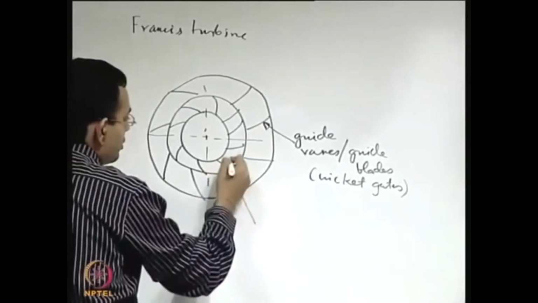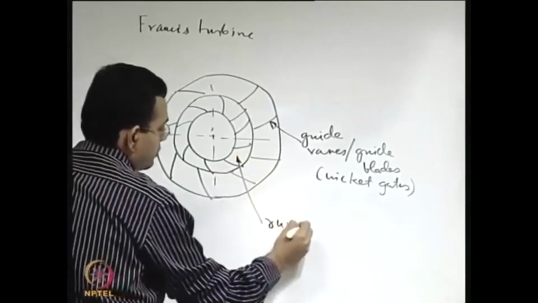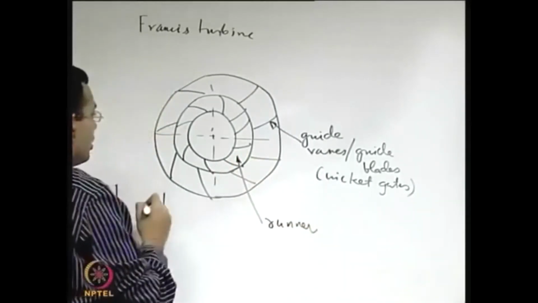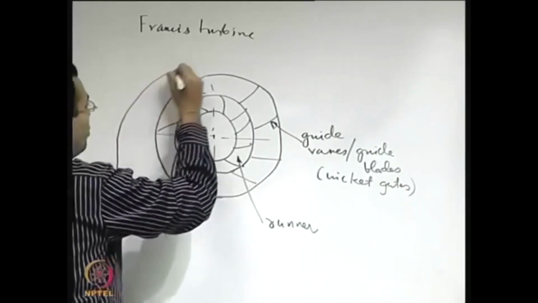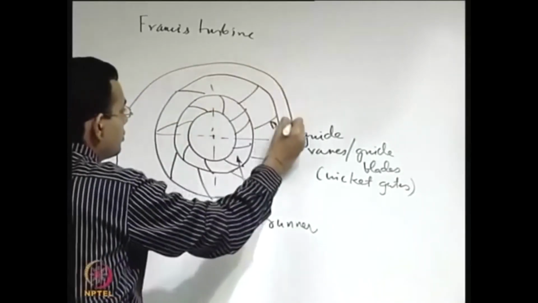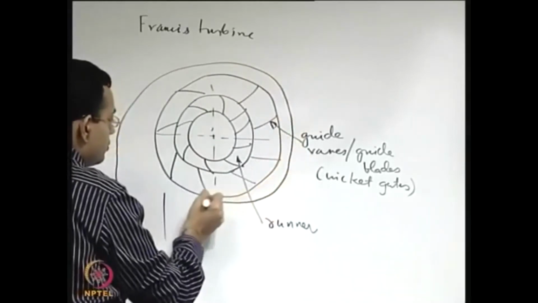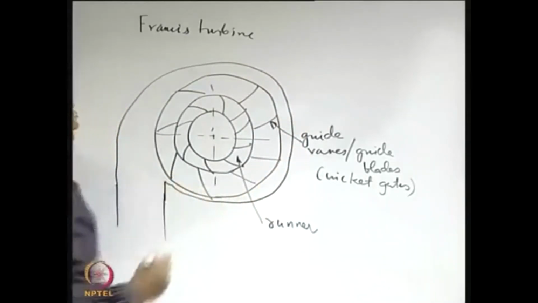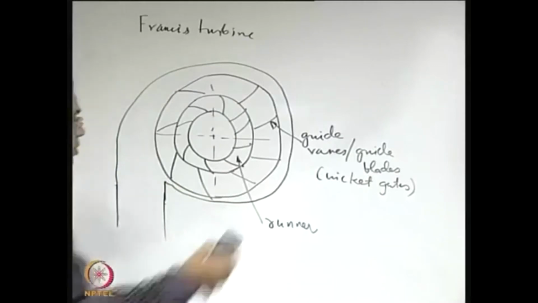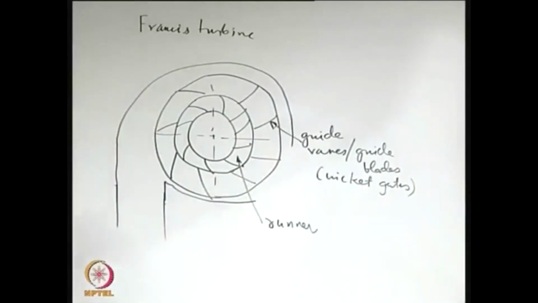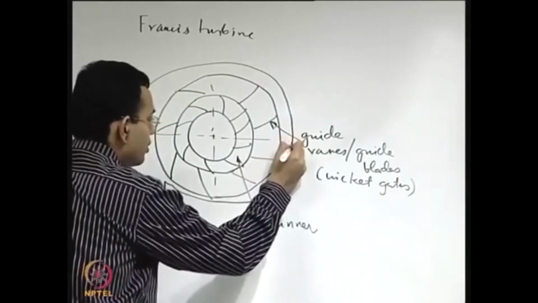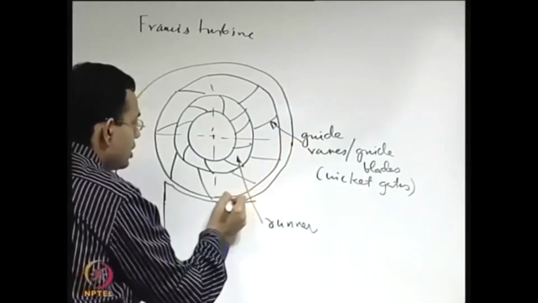So this is the runner. So now what is happening is you are having a supply of flow in a way such that the area available for flow is continuously reducing.